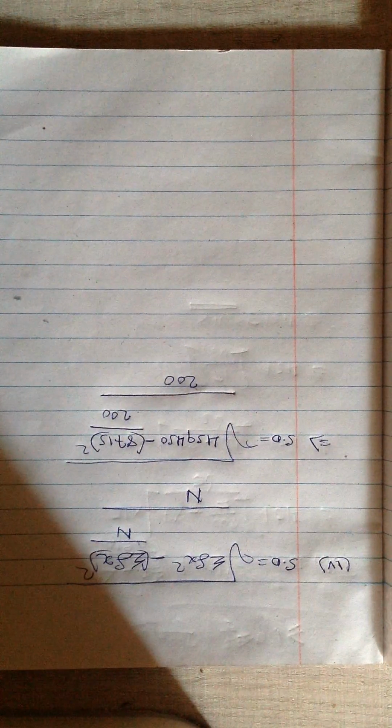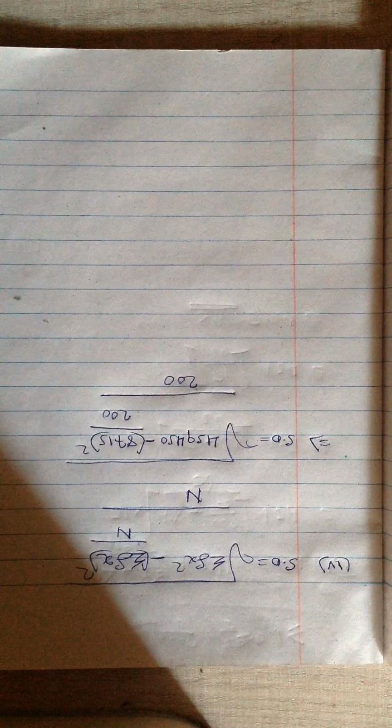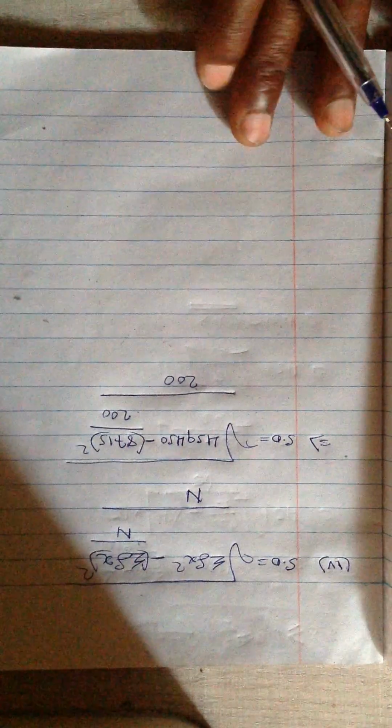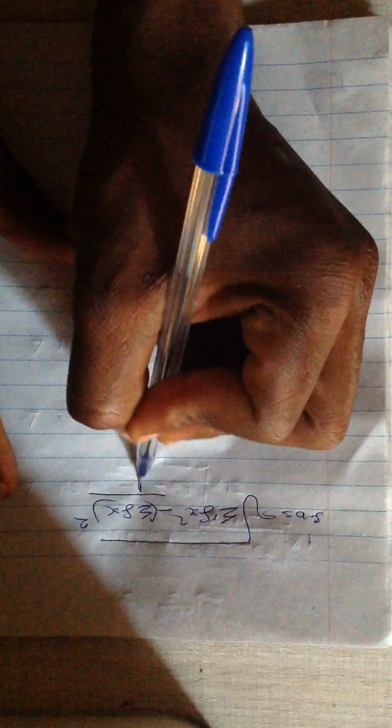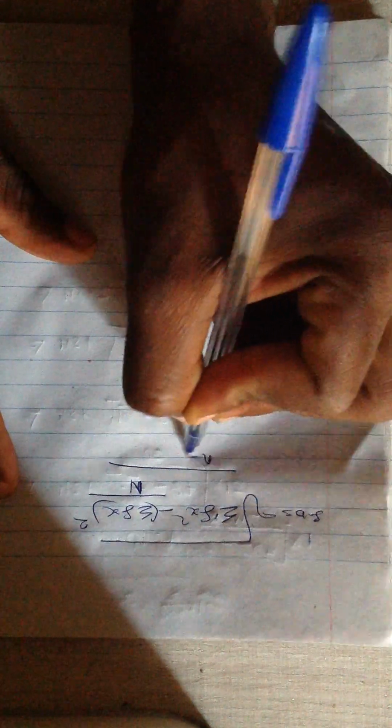The formula that we use when dealing with a sample in grouped data is this. Let me show you the formula for the sample. SD is equal to the root of the summation of fx squared minus the summation of fx squared over n, all over n minus 1.